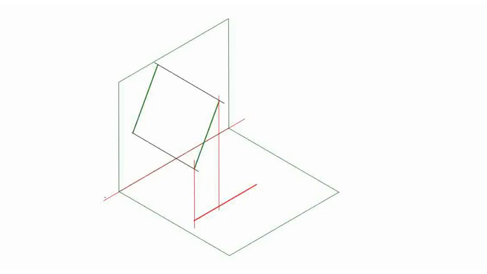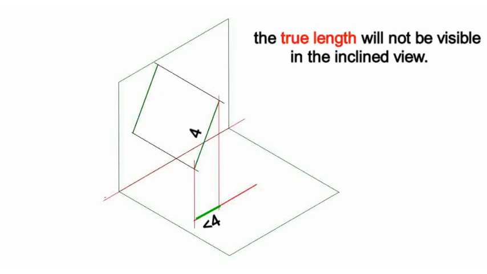When we join the projected points, the line appears shorter in the view where it is inclined. This is important. The true length will not be visible in the inclined view. To measure the true length, we need either the auxiliary plane method or by rotating the line until it becomes parallel to the plane.